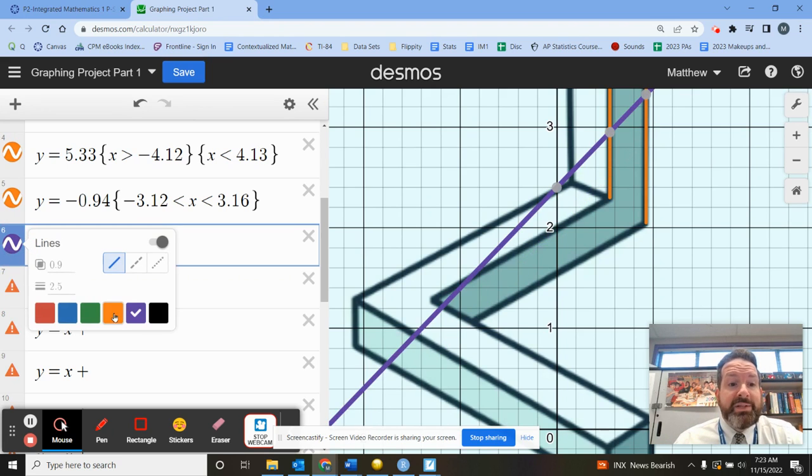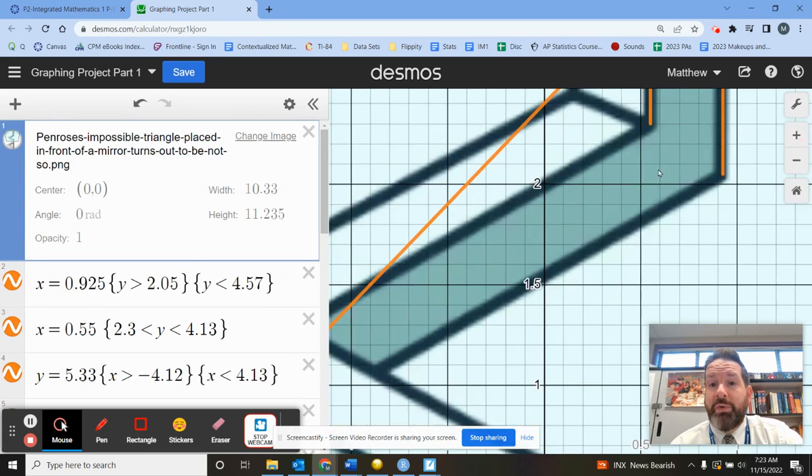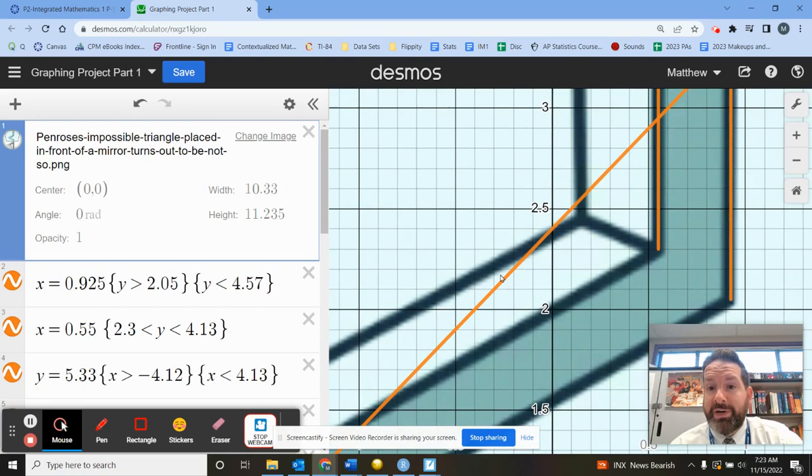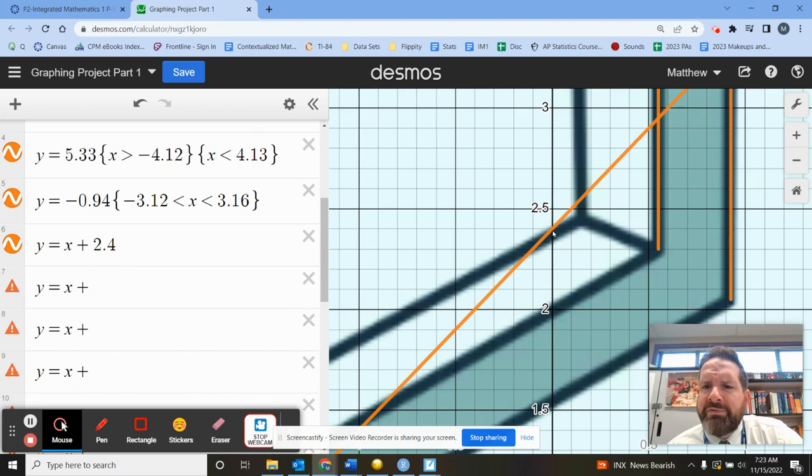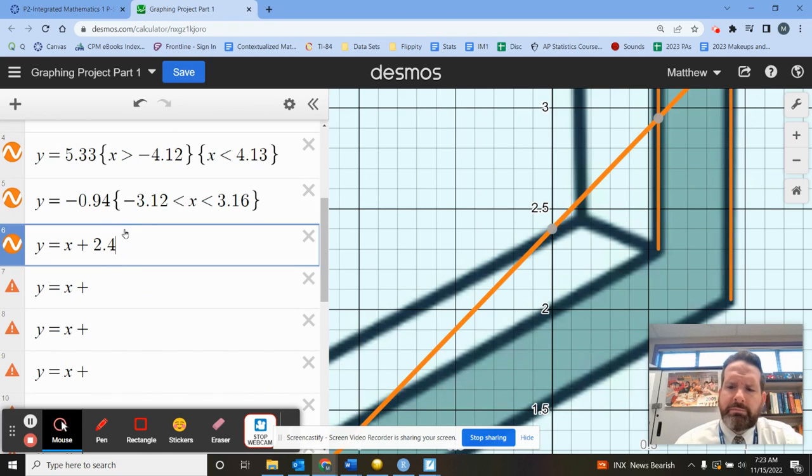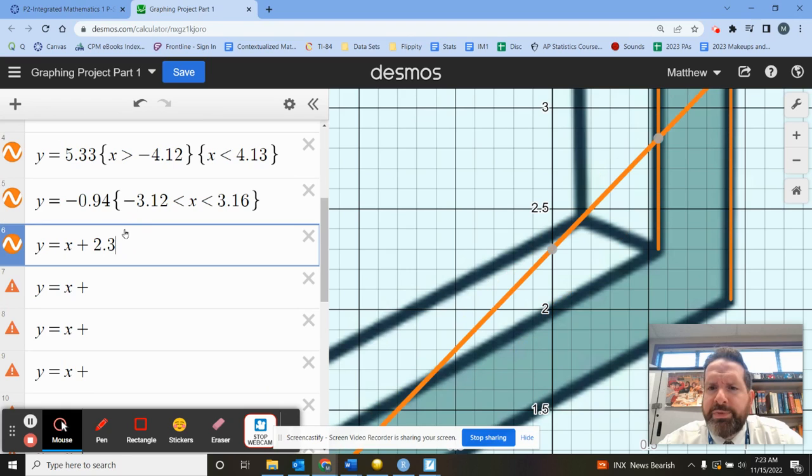Now I know the angle isn't right. We're going to deal with the angle in a little bit. Our first goal, though, is just to make sure that where our diagonal line crosses the y-axis is where the line we're matching crosses the y-axis. And so as I look at my equation, 2.4 is a little bit high. Let's try 2.3. That's a little bit low. How about 2.35?